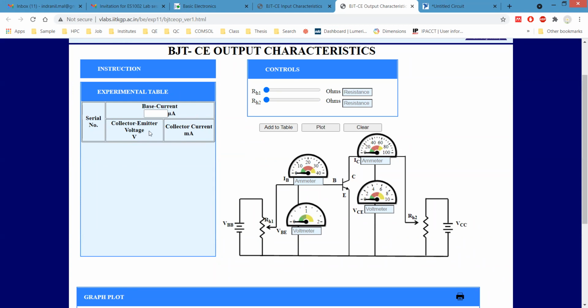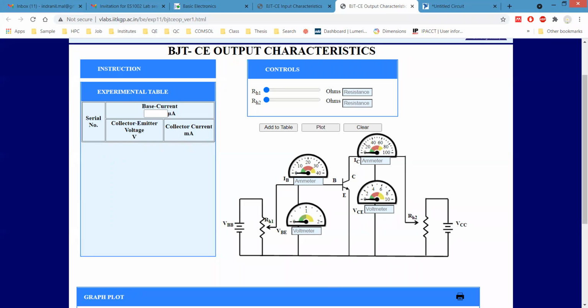Remember the units also. Base current was in microamps, and the collector output current is in milliamps. So you can think that your current is at least scaled up, from microamps at the input to milliamps at the output.